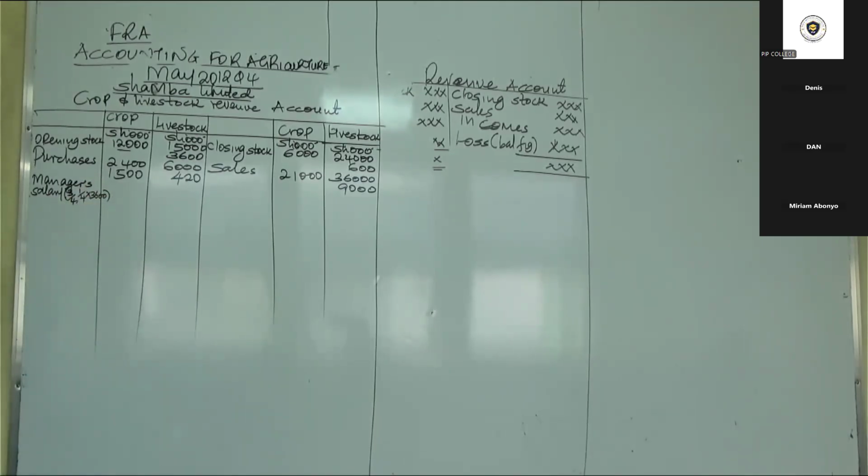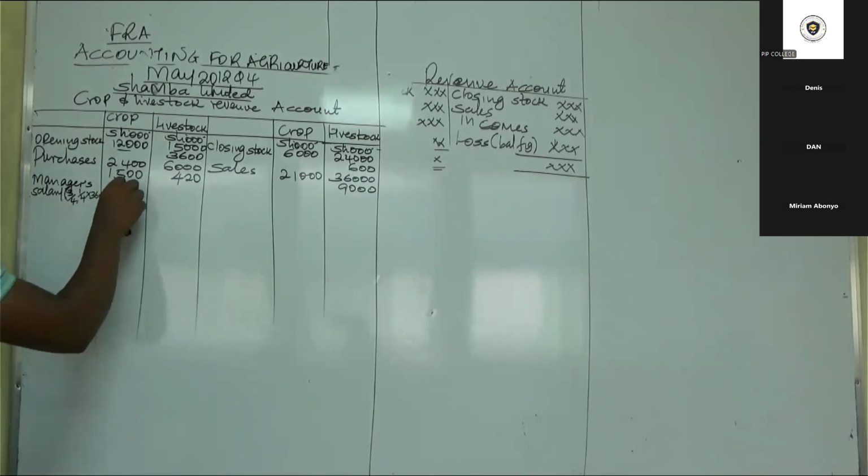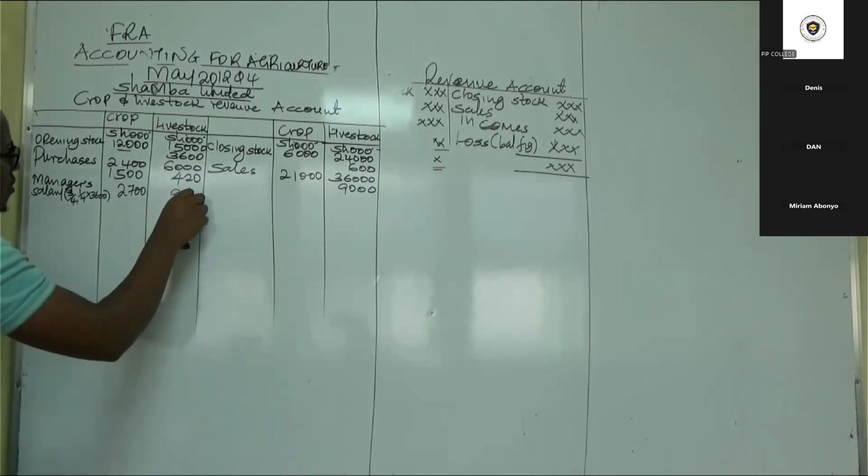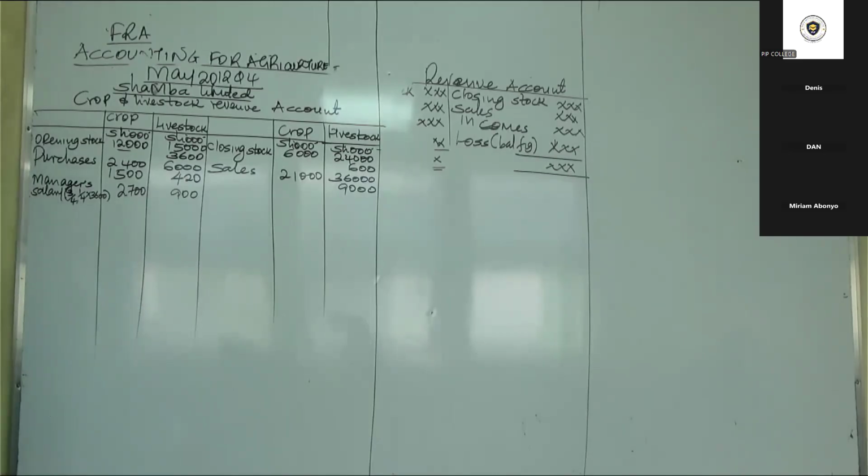If you take 3/4 of that, it gives 2,700, so for livestock it will be 900. Is that okay? Sawa sawa. We continue.